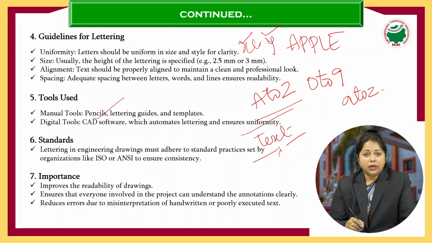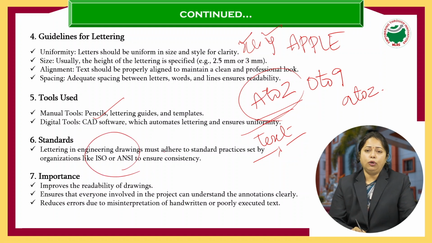So even when I write something and Y writes something, it should look one and the same, because it is a universally accepted language. That is the reason we follow certain standard practices, so that whoever writes, it comes out in the same fashion and is very clear to the layman. That is the importance.